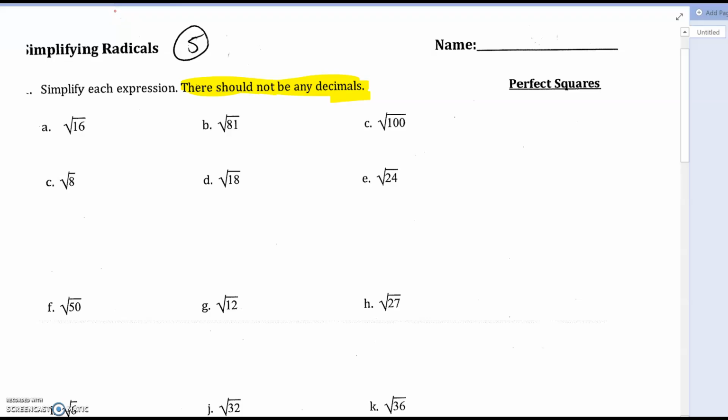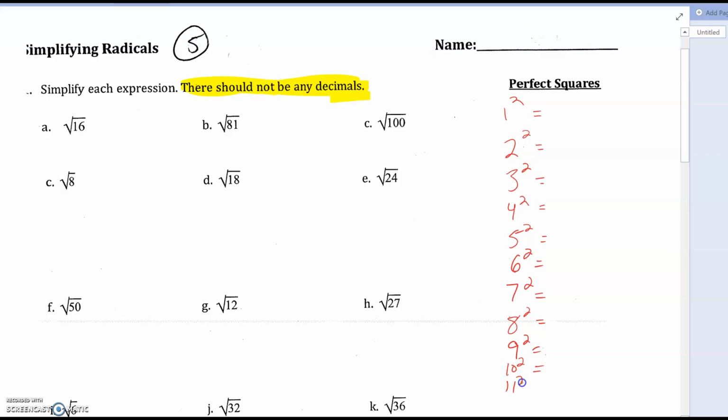First thing I want you to do over here is to write your perfect squares. So go 1 squared equals, 2 squared equals, 3 squared, and so on and so forth. 7 squared equals, 8 squared equals, 9 squared equals, and 10 squared.